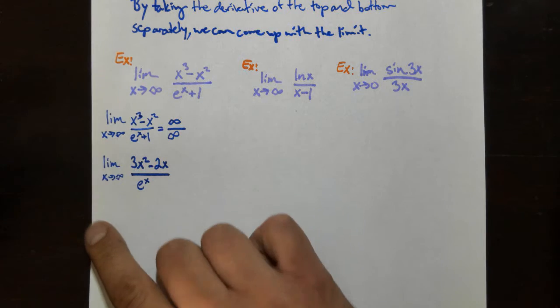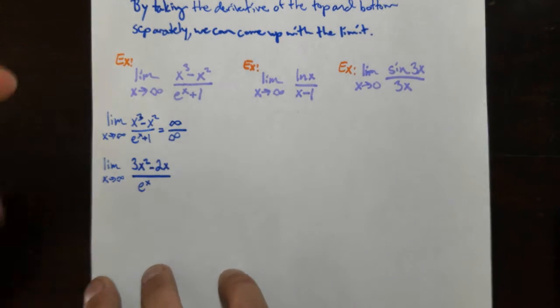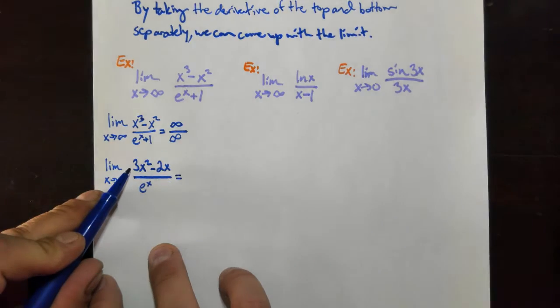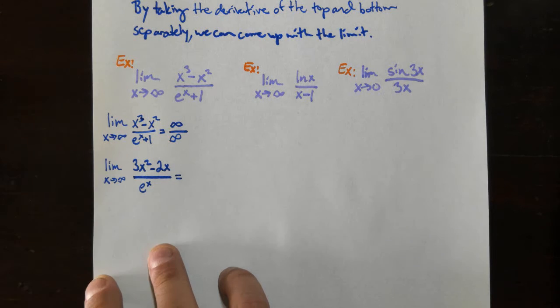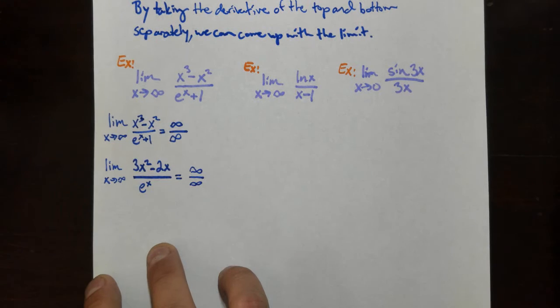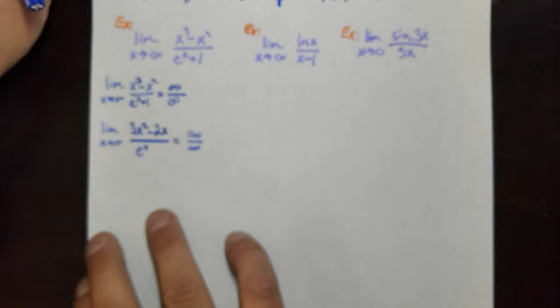The derivative of 1 is just 0, so that goes away. If we plug in infinity, it's again going to be infinity over infinity. So let's take another derivative.